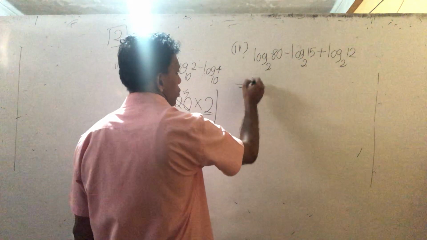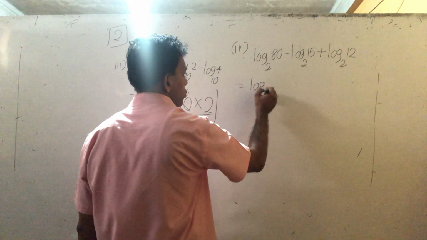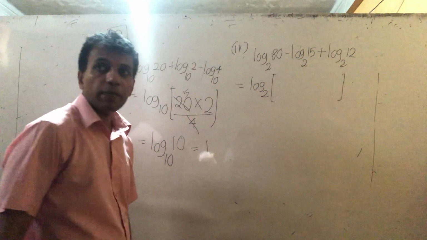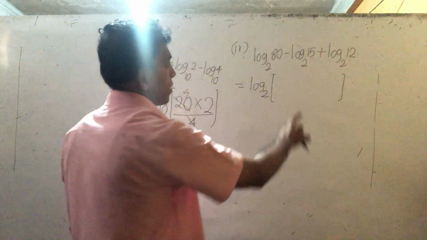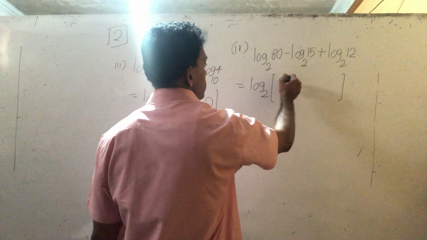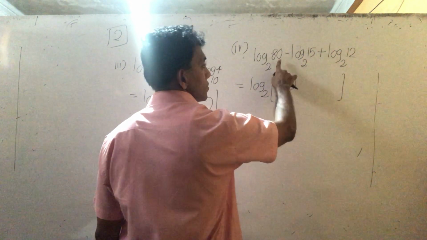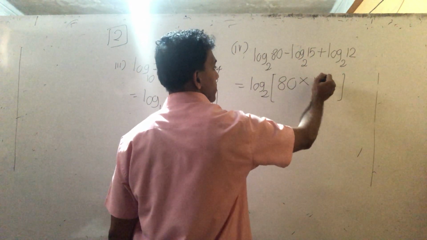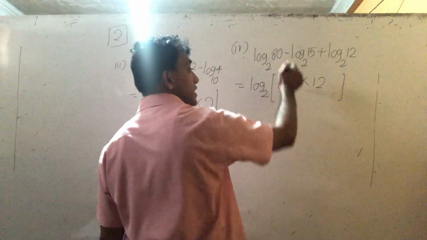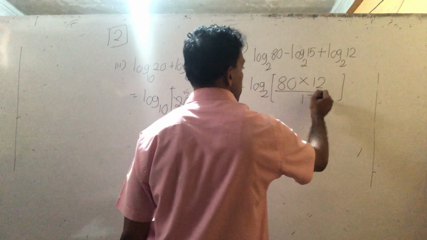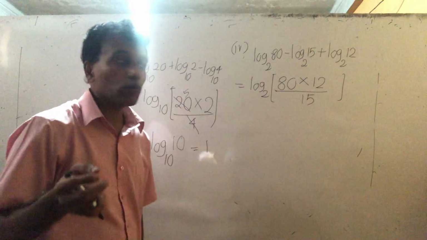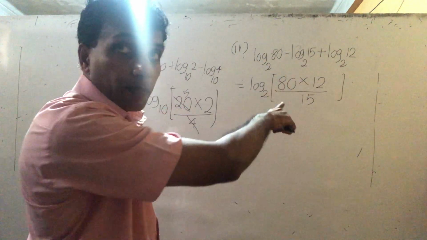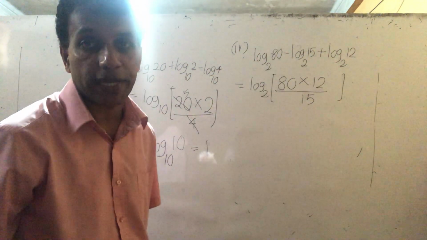So take logarithm base 2 out. 80, this is plus so multiply 12, this is minus so divide by 15. Addition rule and dividing rule.